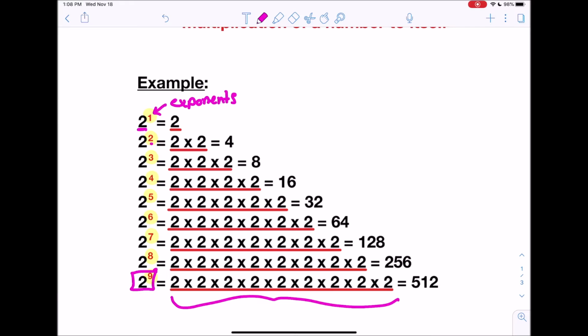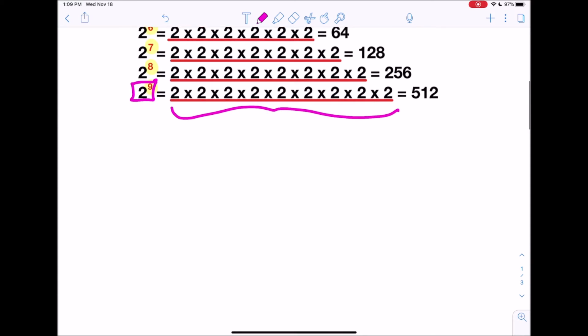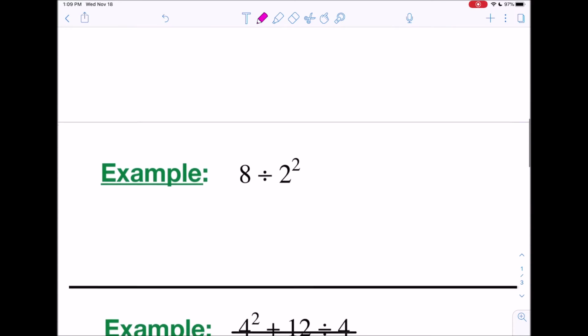The exponent's 2, so you get 2 2's, and 2 times 2 is 4. 2 to the third power, now we're multiplying 2 to itself 3 times, and we get 8, and so on and so forth. Okay? So the exponent is just a number that tells you how many times you're multiplying your base number to itself. So let's take a look at a couple of example problems.